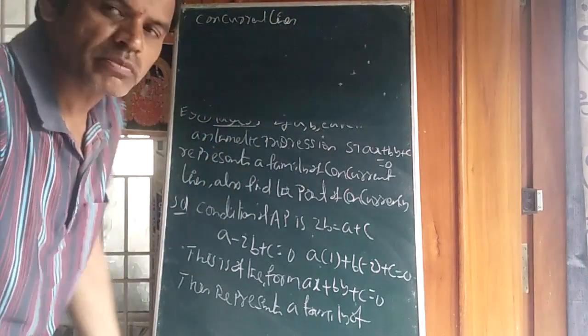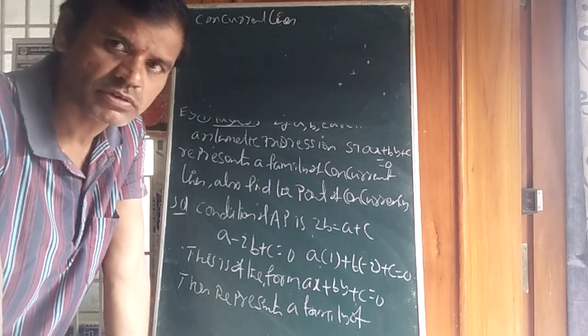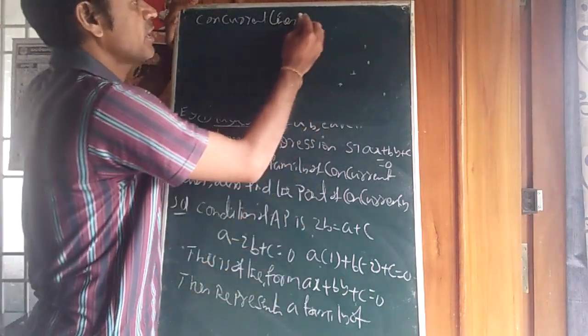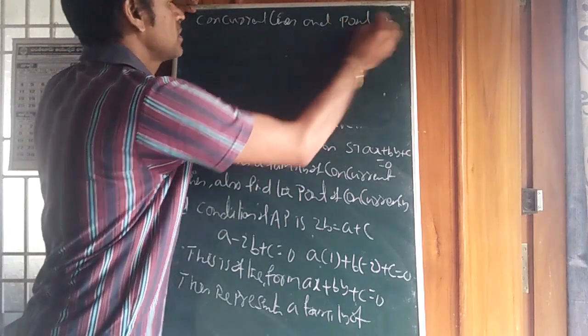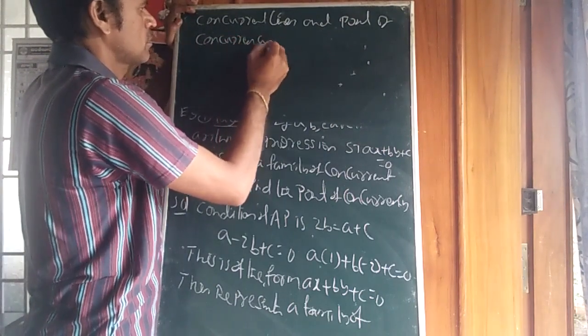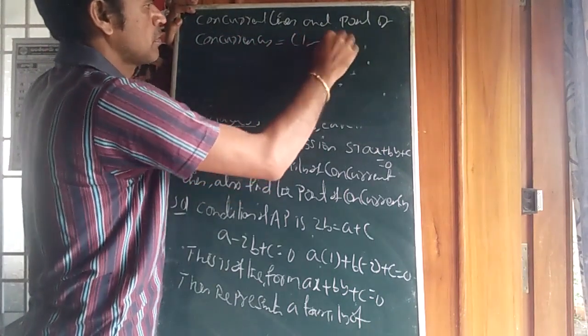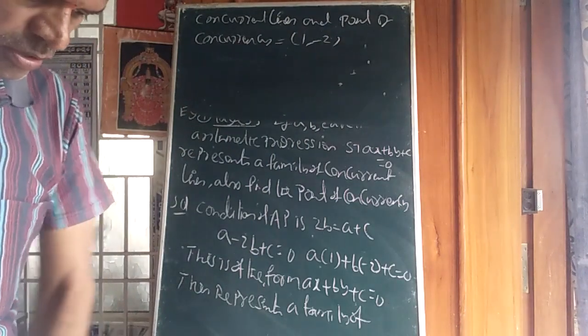So whatever the value beside x and whatever the value beside y, they should be constant. That is enough. The point of concurrency is (1, -2).